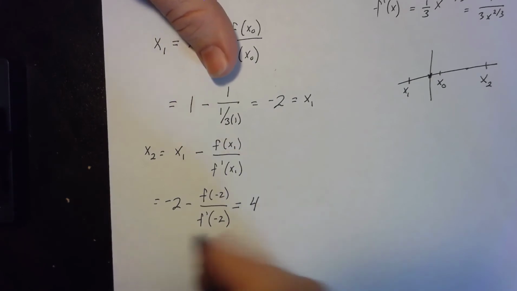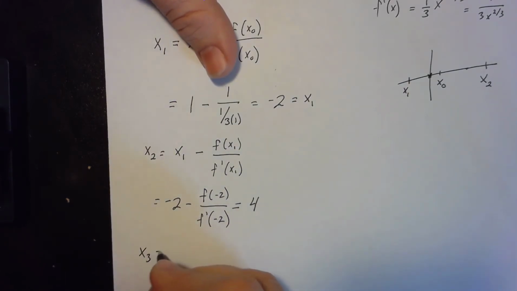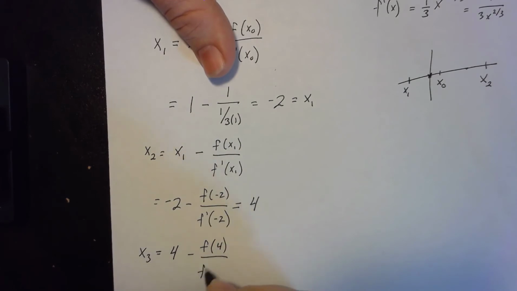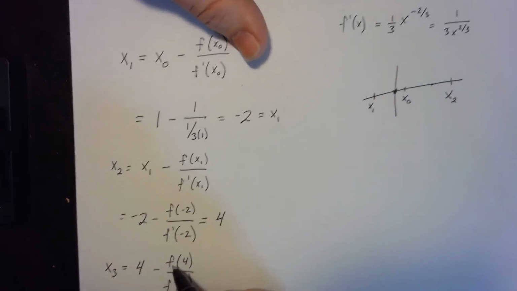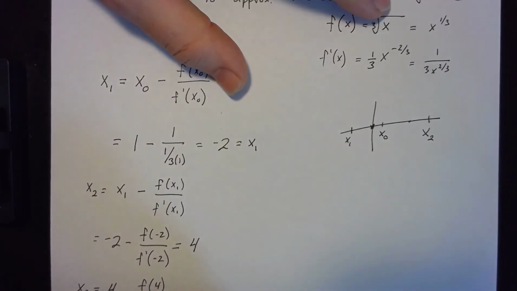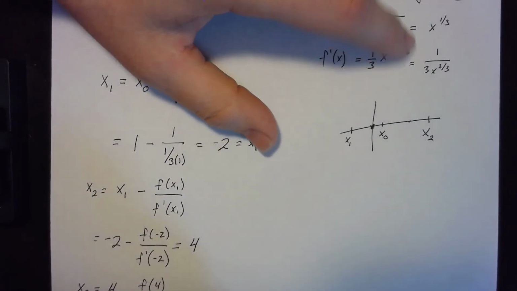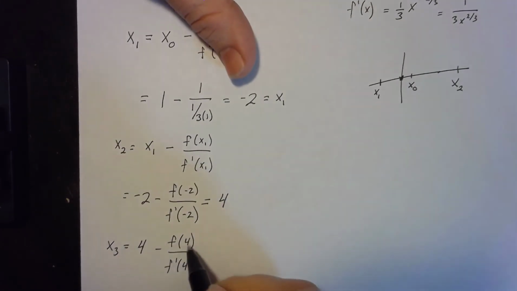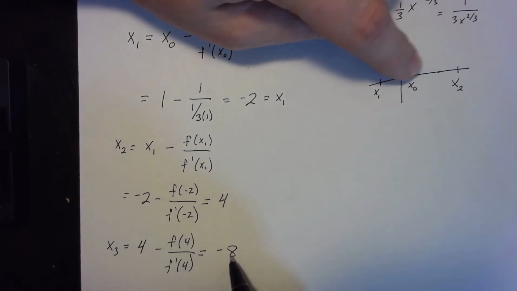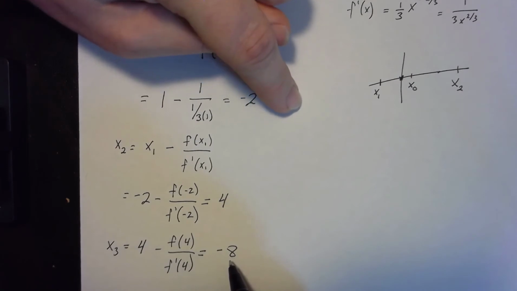Well, if I plug in 4 now, I'm going to have x3 equals 4 minus f of 4 divided by f prime of 4. But if we evaluate these, again plugging 4 into the original cube root function and plugging 4 into this function here and simplifying that particular term down, 4 minus that number, we actually end up with a value of negative 8. Which means, again, we've bounced further past 0 way over here.